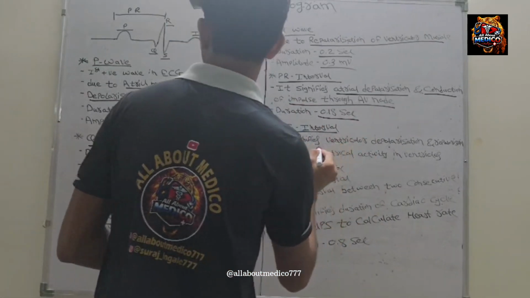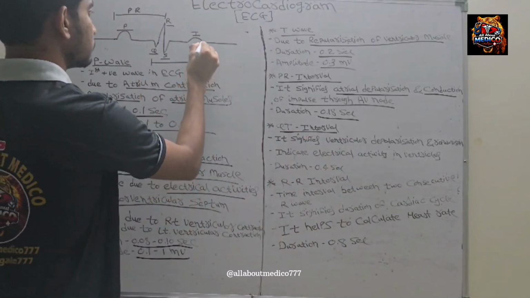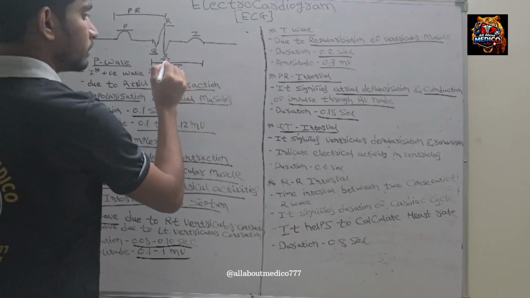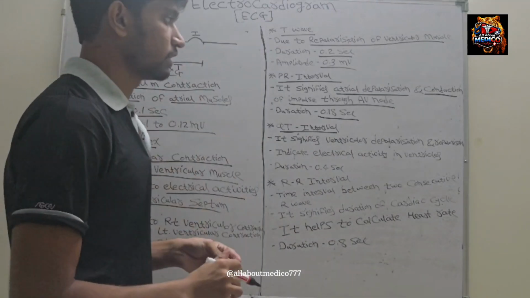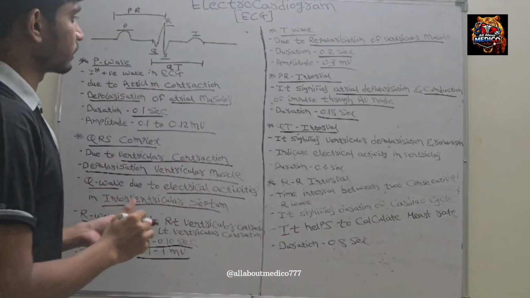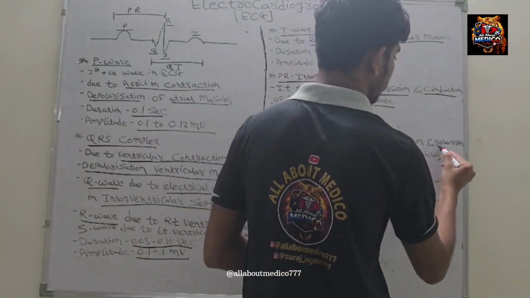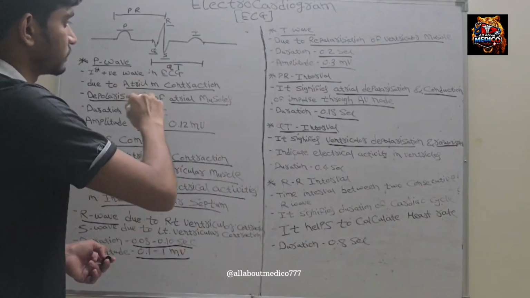QT interval means the difference from this point to this point. The QT interval signifies ventricular depolarization and repolarization, meaning ventricular contraction and ventricular relaxation are occurring.